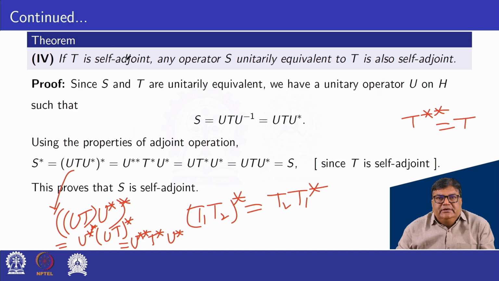Here T is self-adjoint, so this can be written as U, T, U star. So again we have U, T, U star, that is S. So S star is equal to S. This proves that S is self-adjoint.